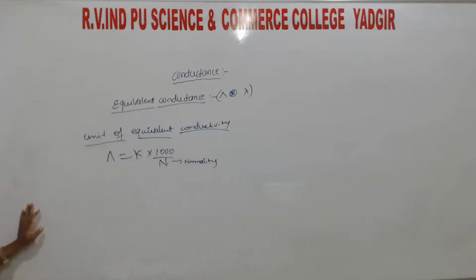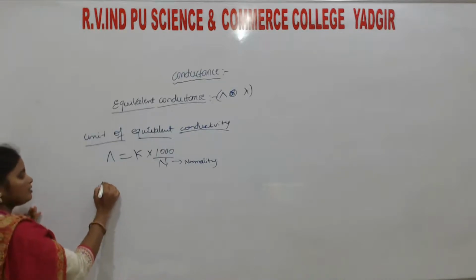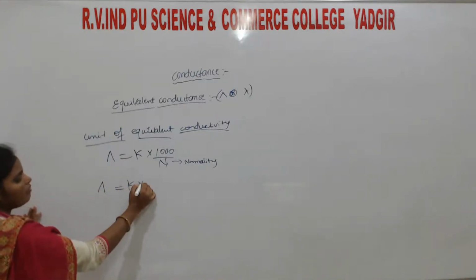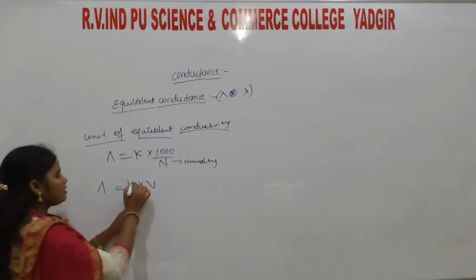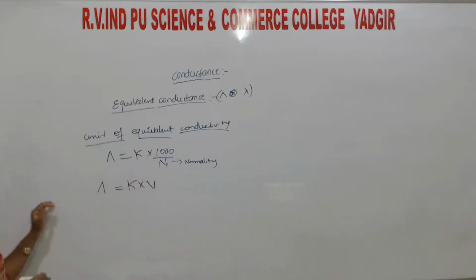Therefore, this lambda is k into 1. Here, this is the specific conductance. Specific conductance means per ohm per centimeter, and the volume is cm cube divided by gram per equivalent.